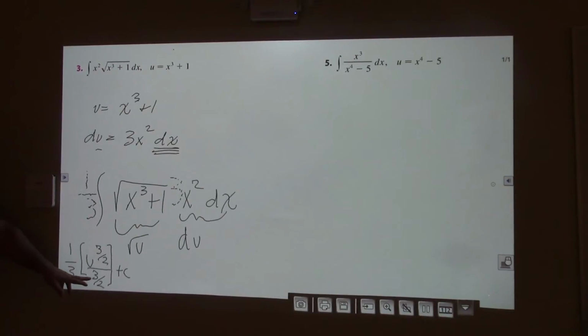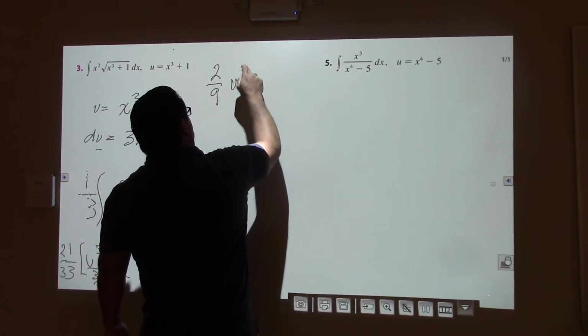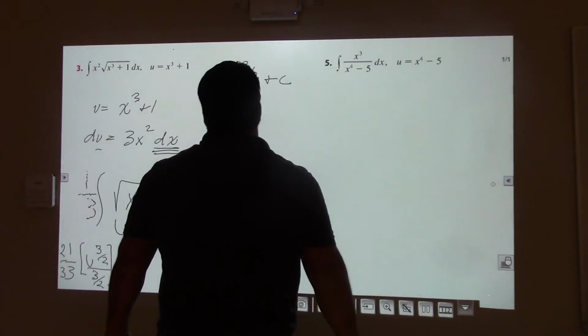And we've got to take that 3/2 and multiply by 2 what? Multiply 1/3 by 2/3. And that's going to leave us with 2/9 u to the 3/2 plus c. And what's u?